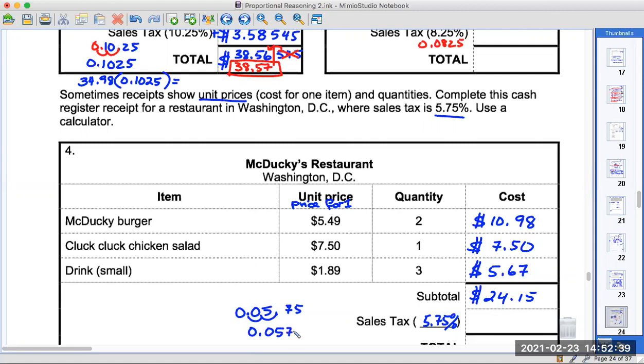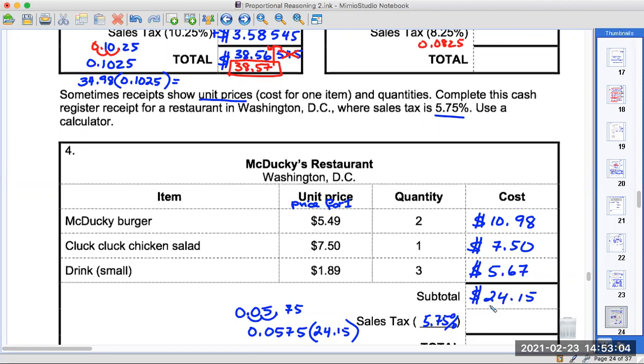This is what we're multiplying with. So times 24.15. So this is your percent as a decimal multiplying. This is a multiplication problem, equals, and then you should have, I didn't even do it, so I got to do it myself.